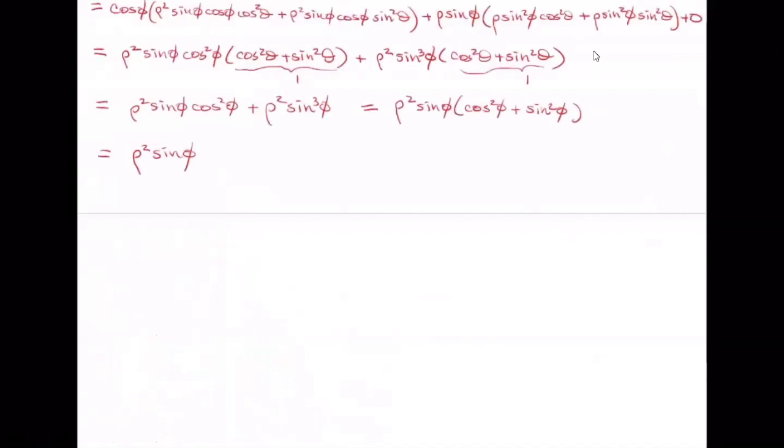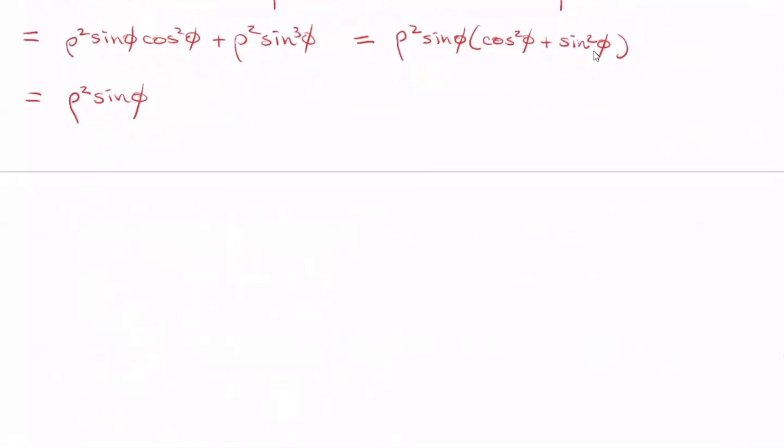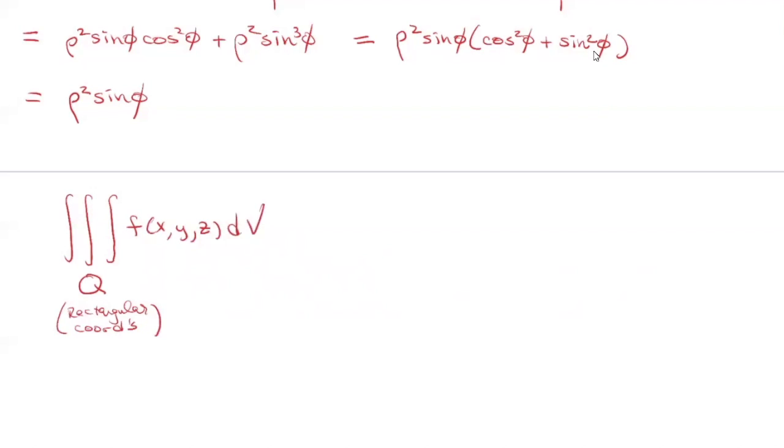So what we just did is basically you've got a triple integral over a solid Q. This is in rectangular coordinates. And you're going to have some function of x, y, and z dV. And we want to move this into spherical coordinates.